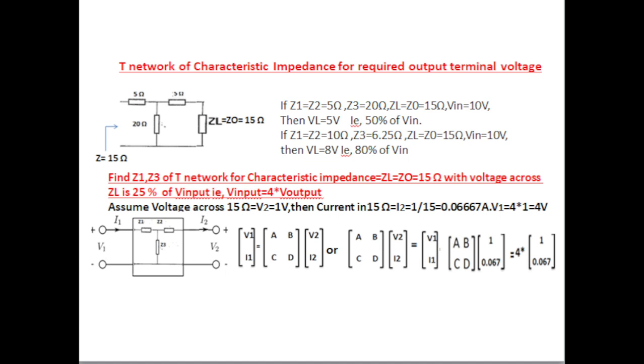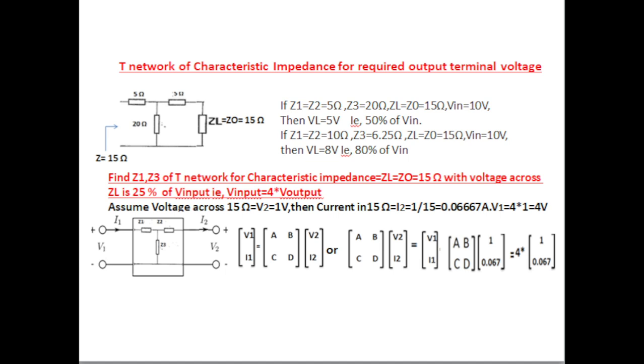Find Z1, Z3 of the T network for characteristic impedance equal to ZL equal to Z0 equal to 15 ohms, with voltage across ZL, that is the characteristic impedance, equal to 25% of V input. That is, V input equal to 4 times V output.